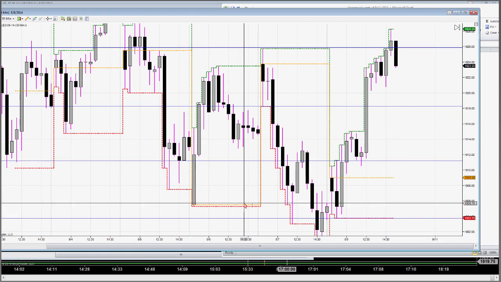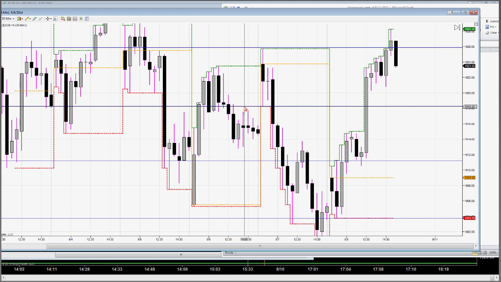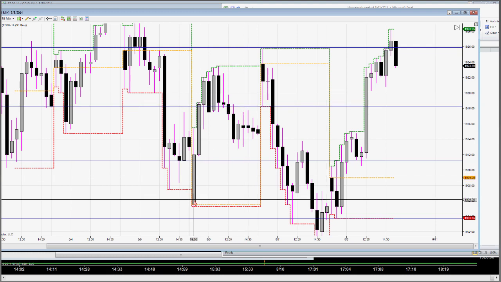And the reason I'm doing this is because I want to show you the relative importance of this initial balance. And this is pretty specific to the ES. I don't see this as much in the indexes, the YM as well as NQ, as I do on things like oil, gold, etc. Especially for the ES, if this is what you're trading.